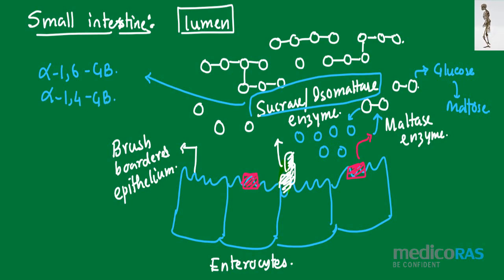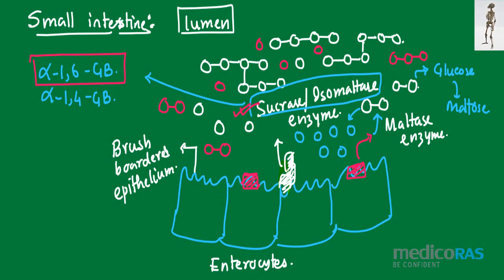So this is one of the questions that is often asked in exams, that is, which enzyme is responsible to break the alpha 1,6 glycosidic bond of starch. The answer is sucrase or isomaltase. Due to that, again they are going to break into small segments like this. It may be in the maltose form or it may be in the free glucose form.